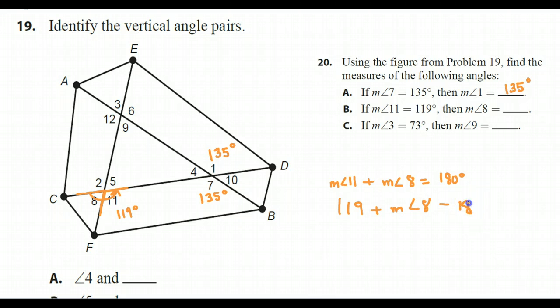I'm not trying to subtract it, I'm putting equals. There we go. And so when I solve for angle 8, all I have to do is subtract 119 degrees, and I'm going to get 61 degrees for angle 8.